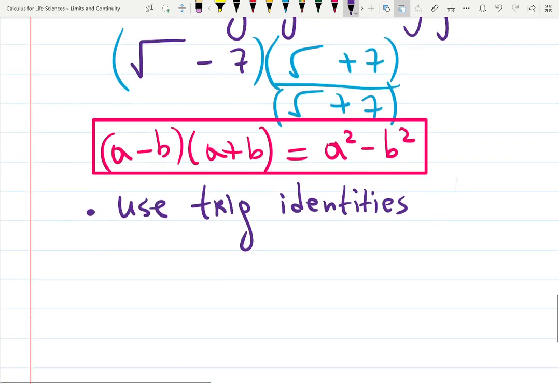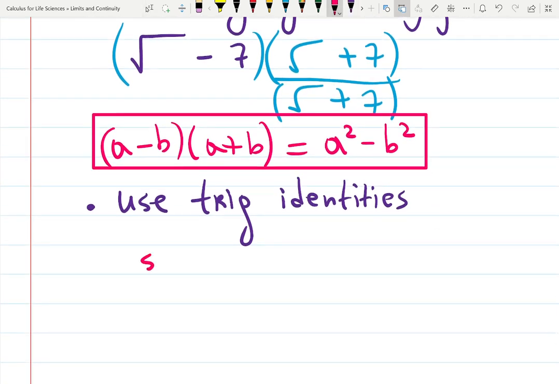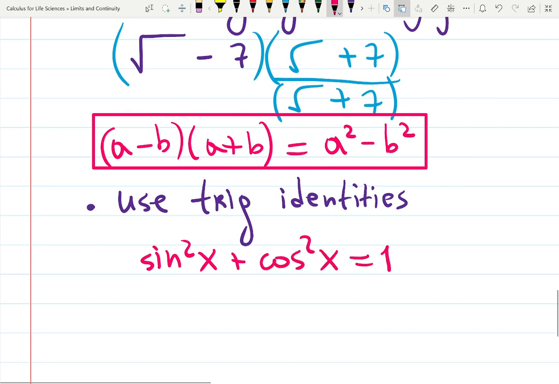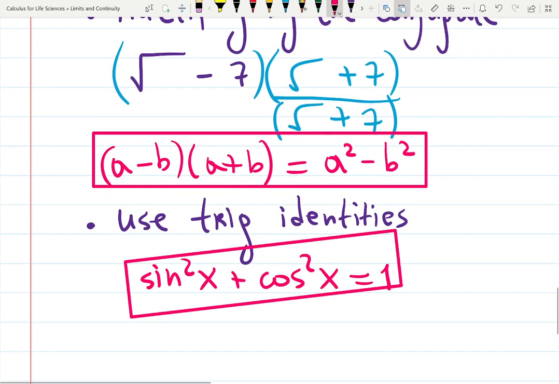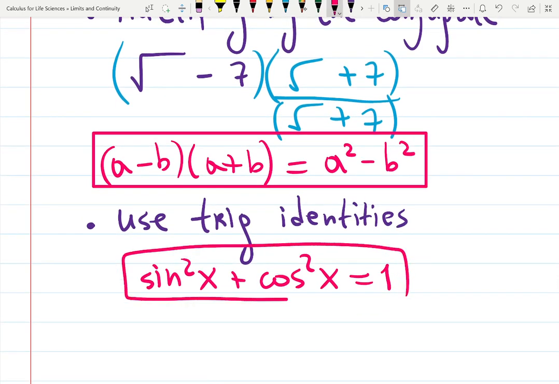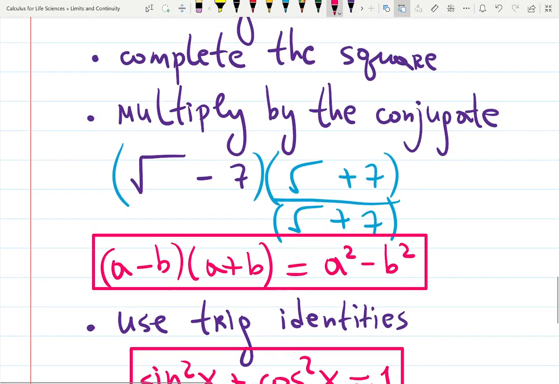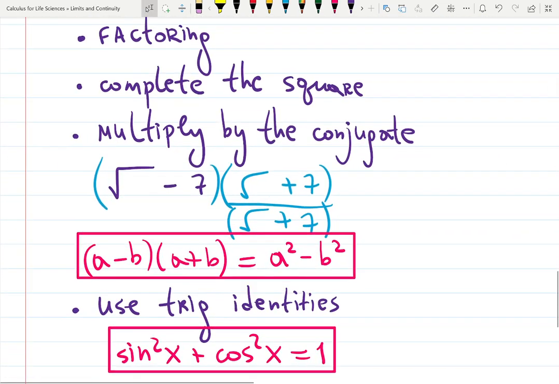Some kind of trig identities. For example, the most popular one is, do you remember what sine squared x plus cosine squared x is? It's 1. Good job. So this will be pretty useful. And then for the very first one, full square or factoring, it will be useful to remember the quadratic formula, right?